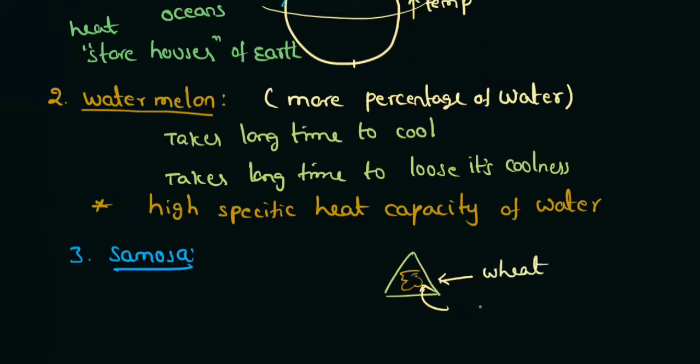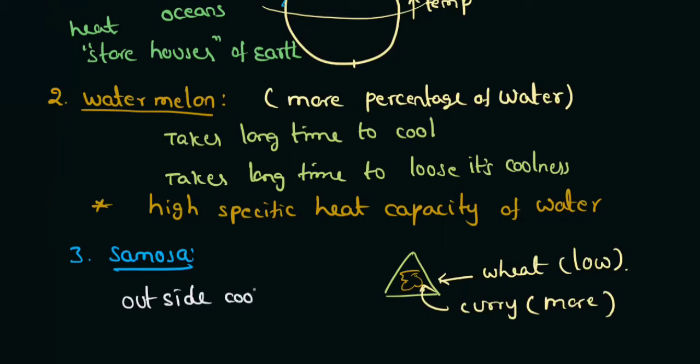The curry has more specific heat capacity, and the outside wheat has low specific heat capacity. So the outside cools quickly.